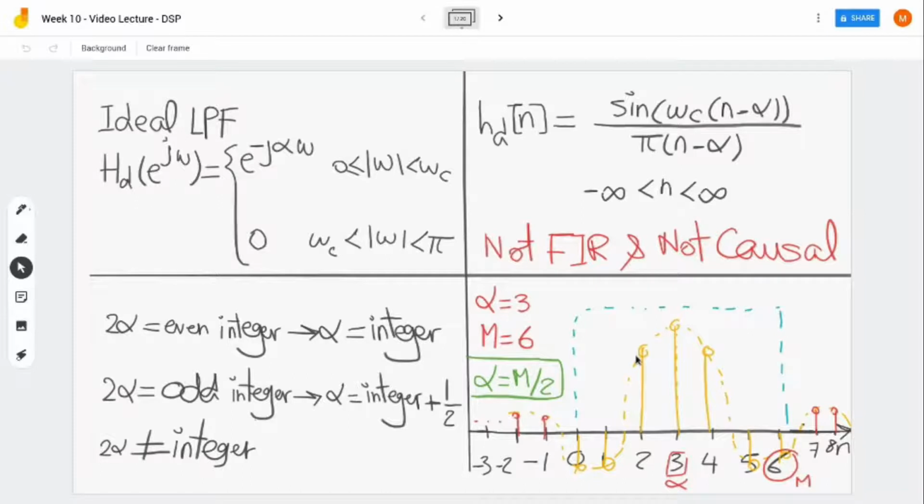If you want to have a filter with linear phase, you have to keep the symmetry in the impulse response. The third case where 2 alpha is not an integer, as we have discussed in the previous lecture, we will lose the symmetry in the impulse response, and hence we will lose the phase linearity.